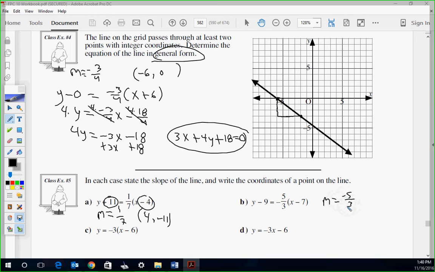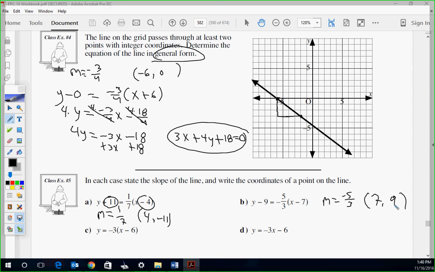Okay, good. Lauren, what's the point for b? Good. Positive 7, positive 9. I like how she emphasized positive because she said opposite of negative 7, opposite of negative 9. Good. Okay.